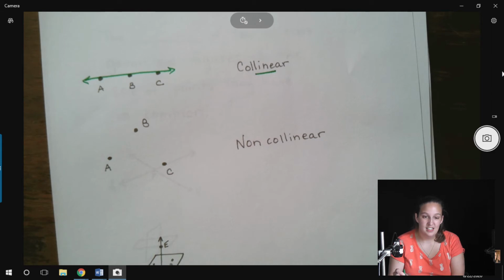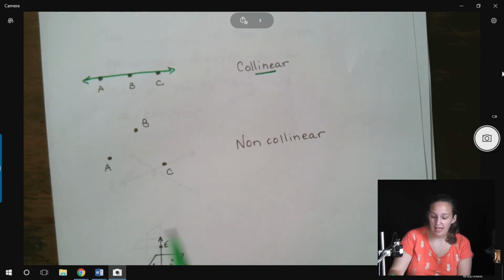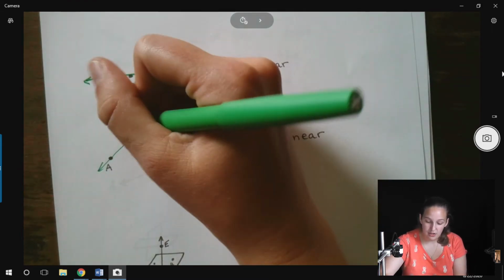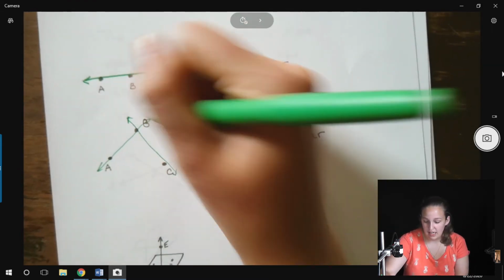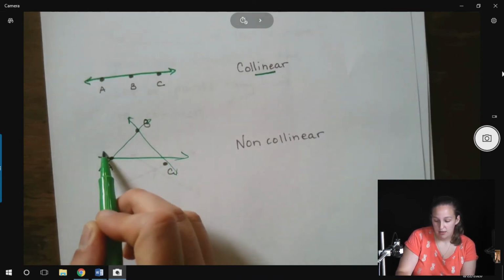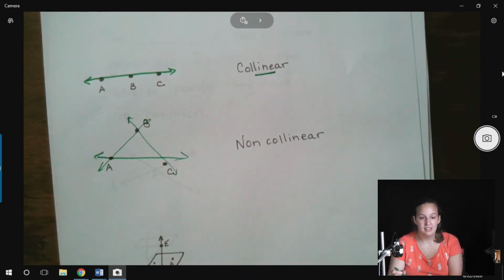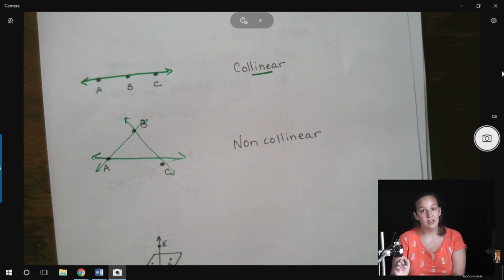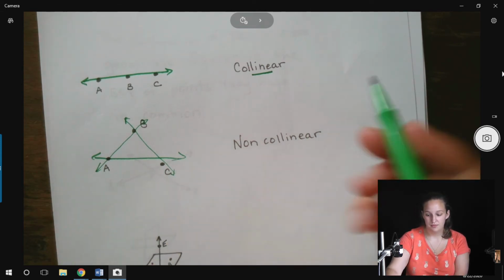If you have points that are non-collinear, you can't draw a single line between all of the points. Sure, you can draw a line between A and B, you can draw a line between B and C, even A and C, but you can't draw one line that goes through all the points.